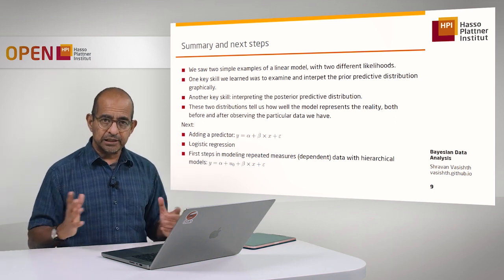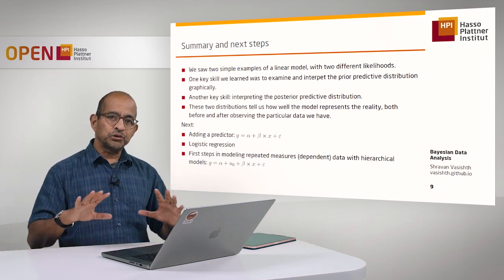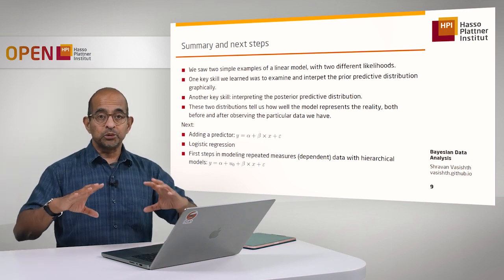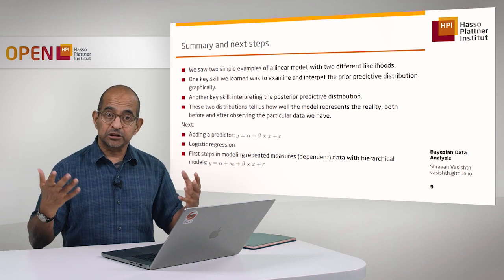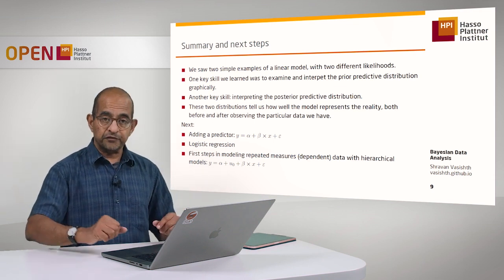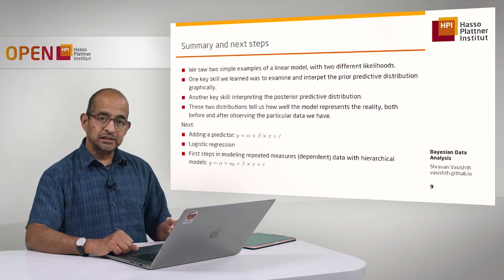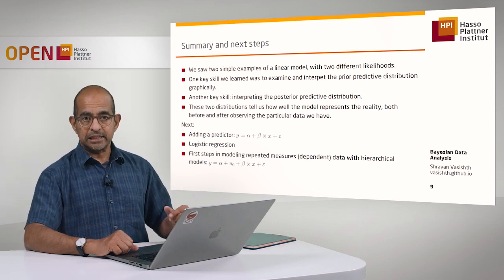This is a very sophisticated framework that allows you to study individual differences, for example, and it allows you to analyze repeated measures or dependent data. This is a very important framework, and it's a bread and butter framework for many fields like psychology and linguistics. So that's coming up next.